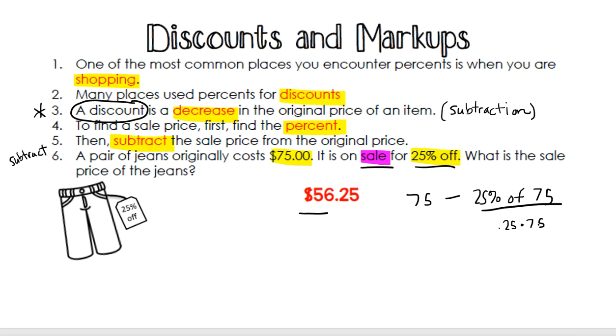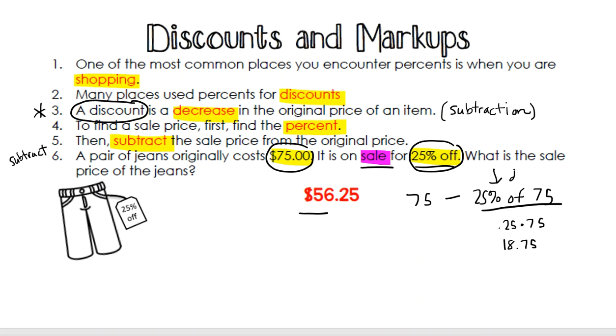And if I take 0.25 and multiply by 75 in my calculator, we are going to get, sorry, I'm just pulling up my calculator. I should have had one handy. So 0.25 times 75 gives us $18.75. That is what 25% of $75 is. That's what we get to save.